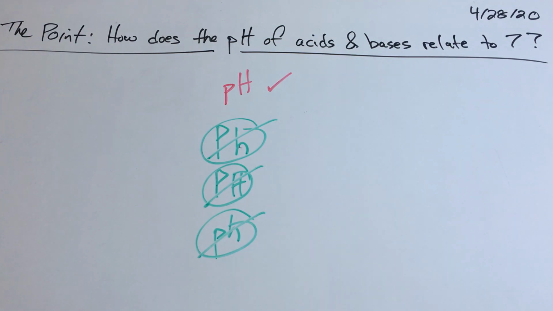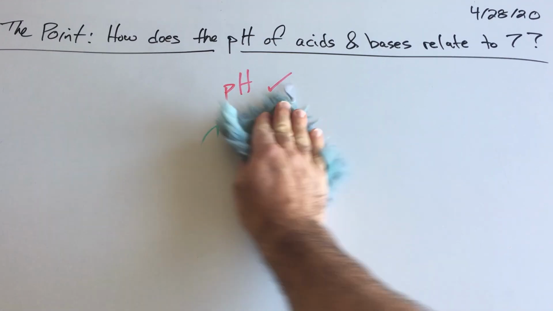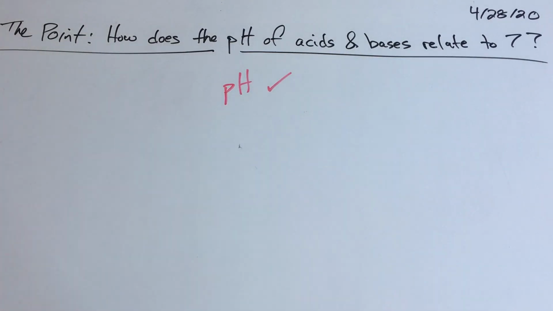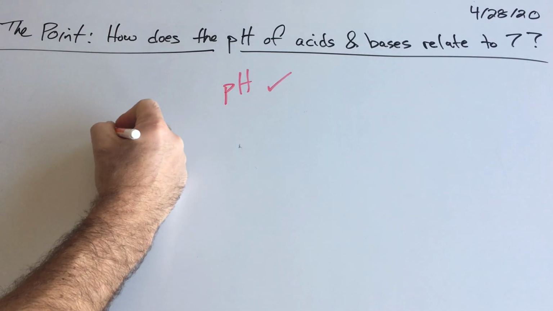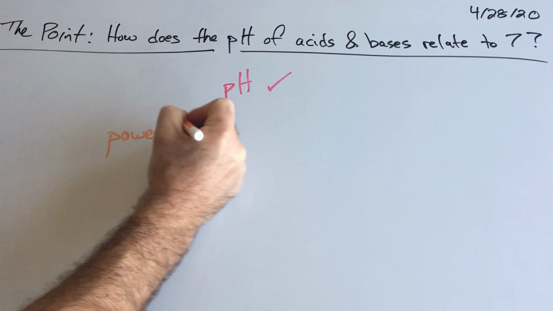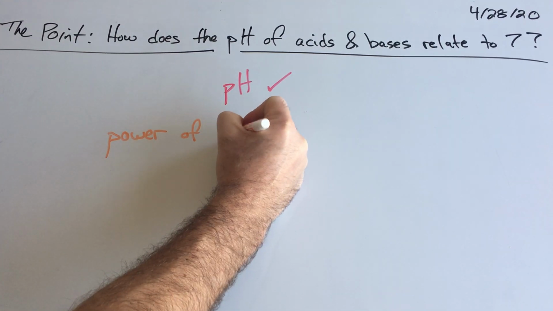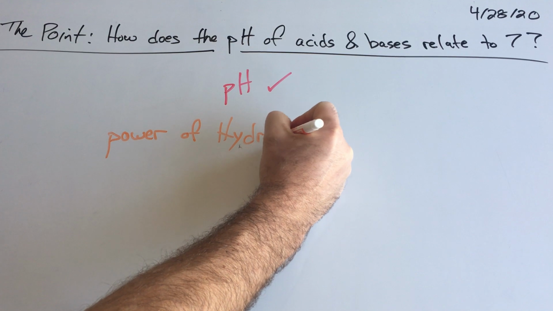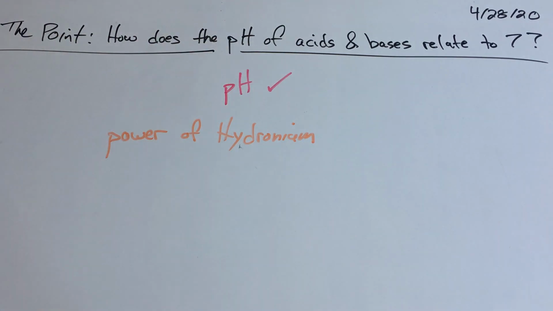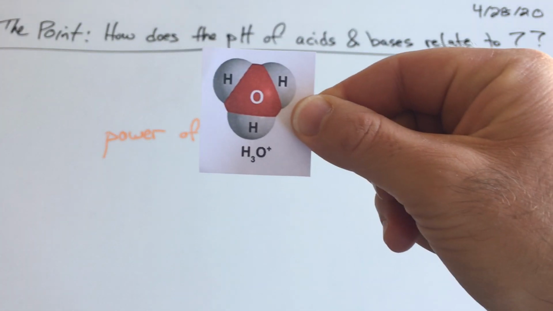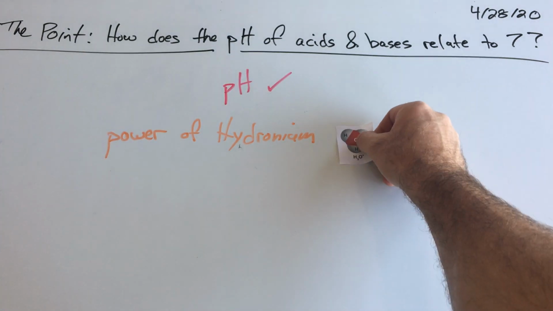That's a really good question. And the answer is because it stands for something. What pH stands for is the power of hydronium. The power of hydronium. And we remember that hydronium is H3O plus.